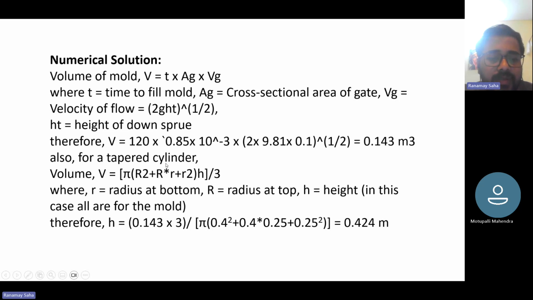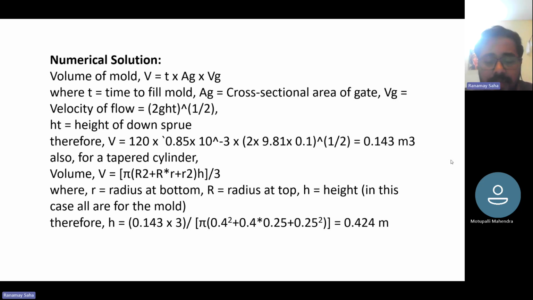One third of that gives you the total volume, and hence just plug in all the values to find the height as 0.424 meters. I hope you will be able to solve this problem.